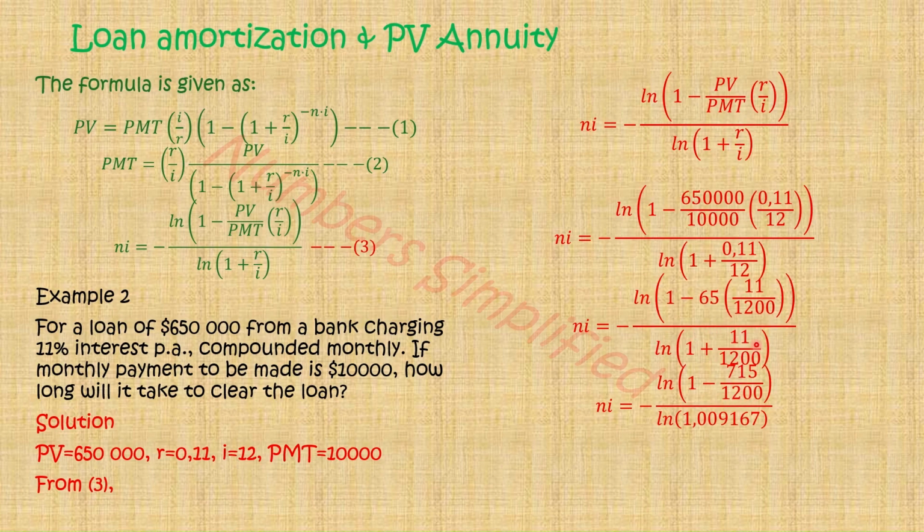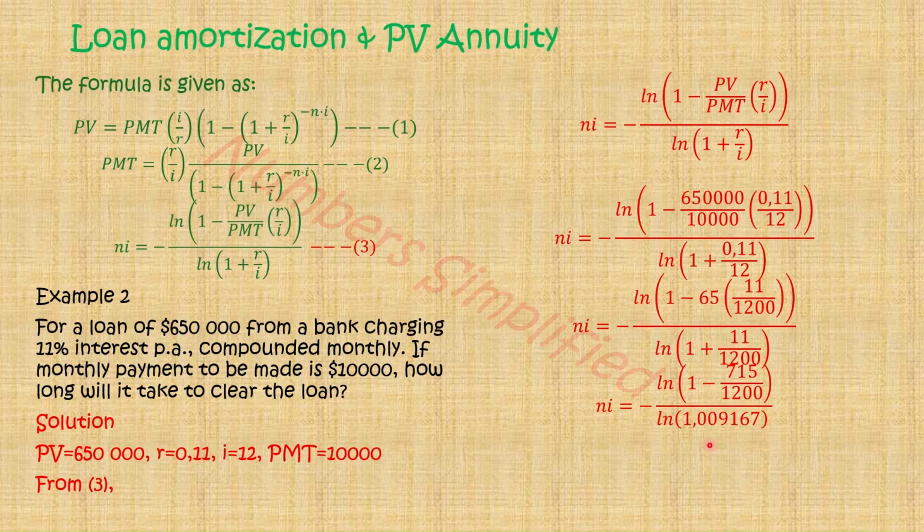Now in the denominator, if I add 1 plus 11 over 1,200, I can express this as a decimal or keep it as a fraction. If I express it as a decimal, I'd advise you to keep it to a minimum of 4 decimal places.